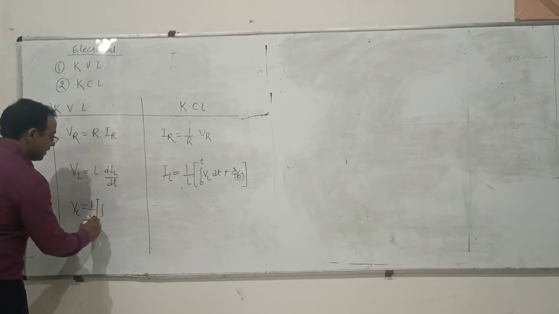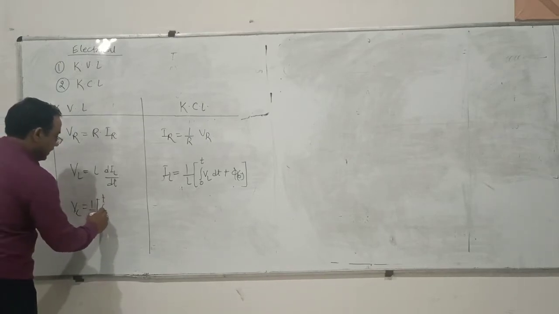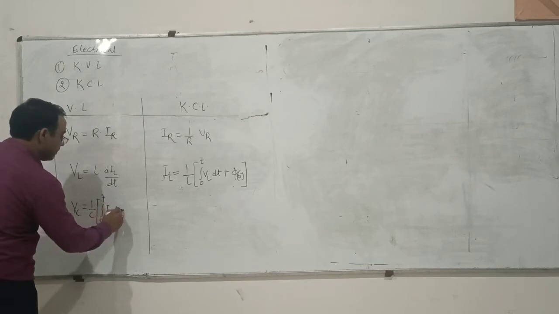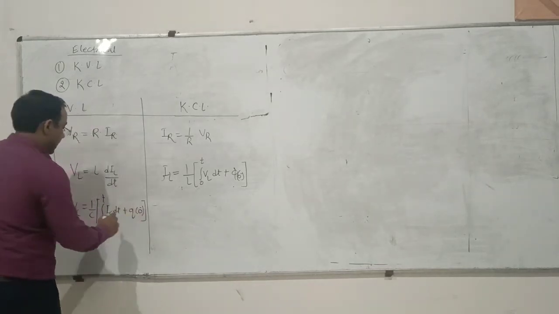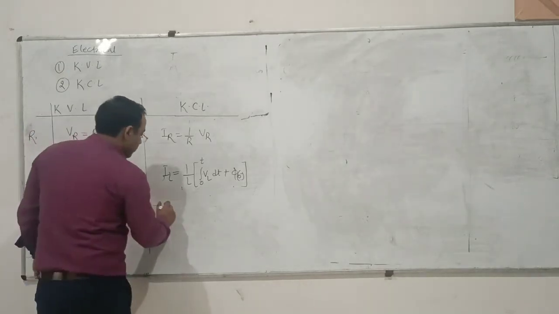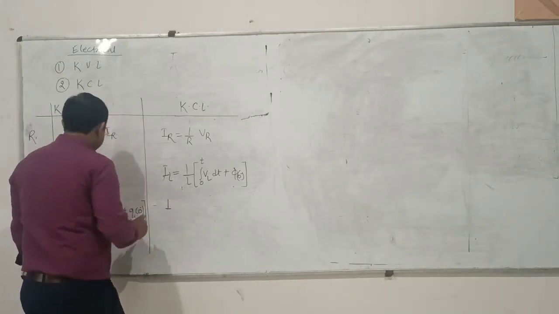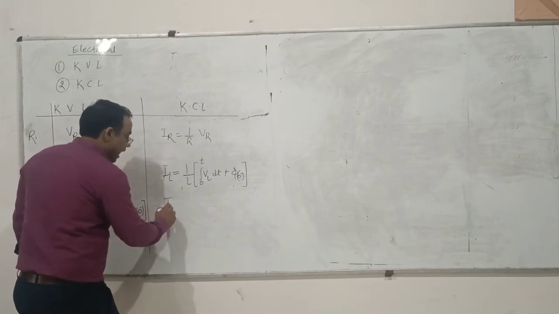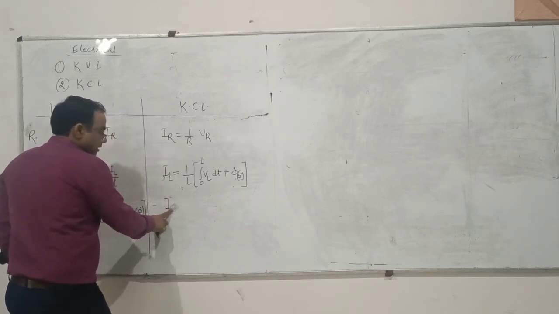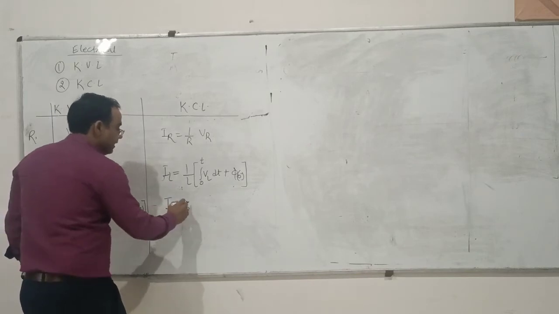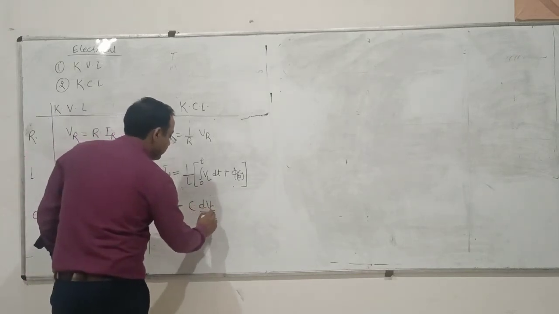minus infinite to T, or we can write it as 0 to T into IC dt plus Q0 minus. And for KCL, we will be using the equation IC is given by C into dVC upon dt.